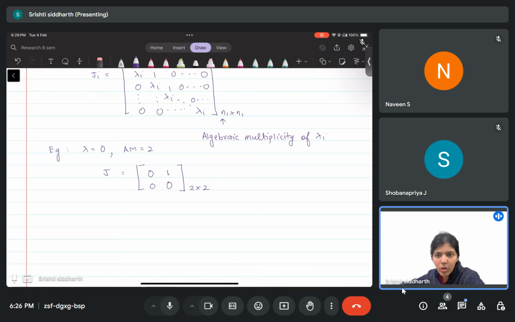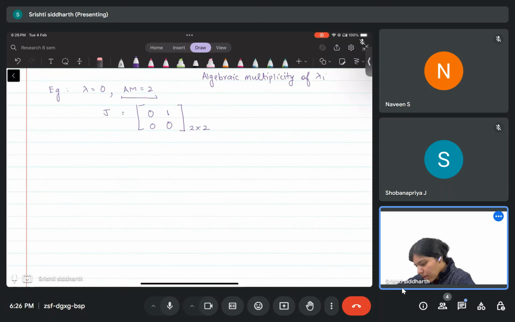This is the Jordan block corresponding to lambda equals 0 when algebraic multiplicity is 2. We'll look at what is geometric multiplicity, but let's first concentrate on this.